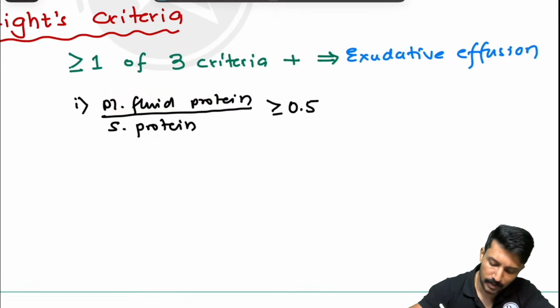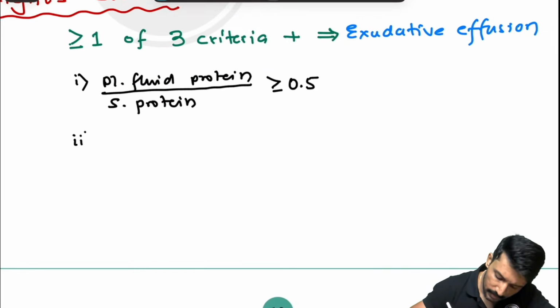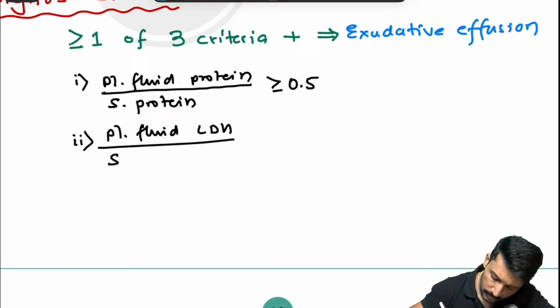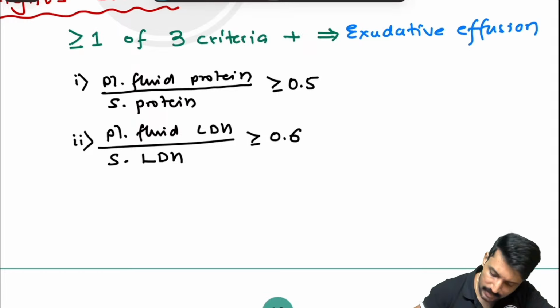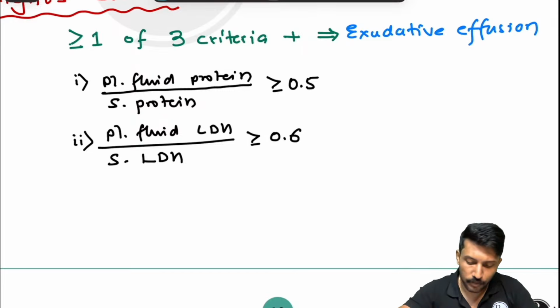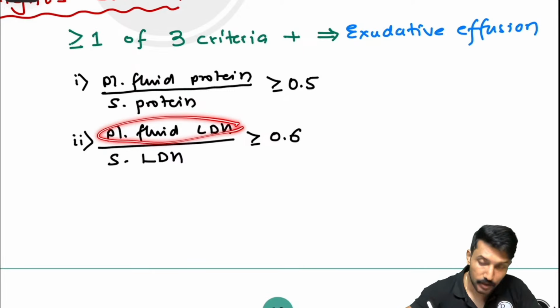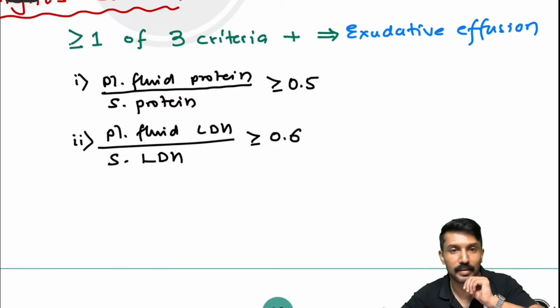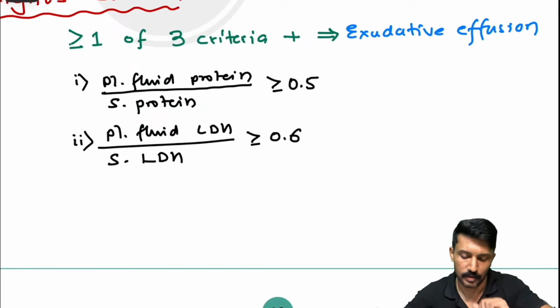Then it is called as exudative. Second is the same, pleural fluid LDH divided by serum LDH ratio. If it is more than or equal to 0.6, that means pleural fluid has 60% or higher of LDH than the serum value, then it is exudative.